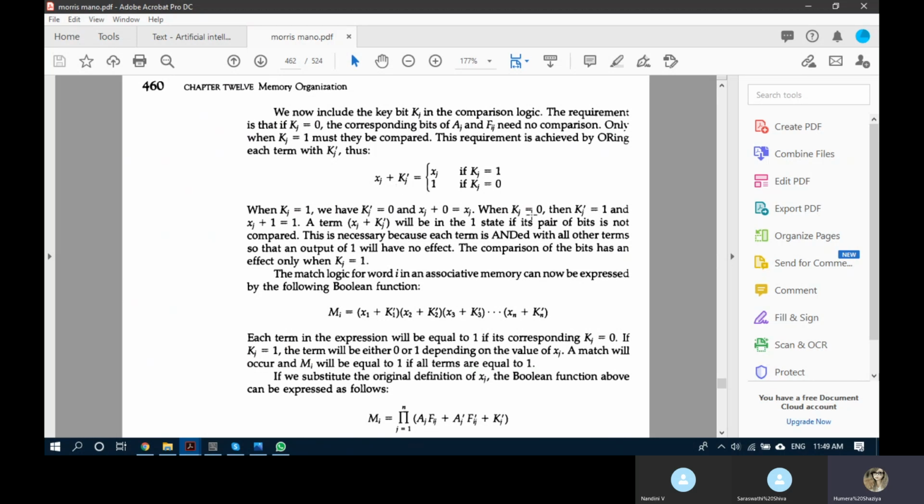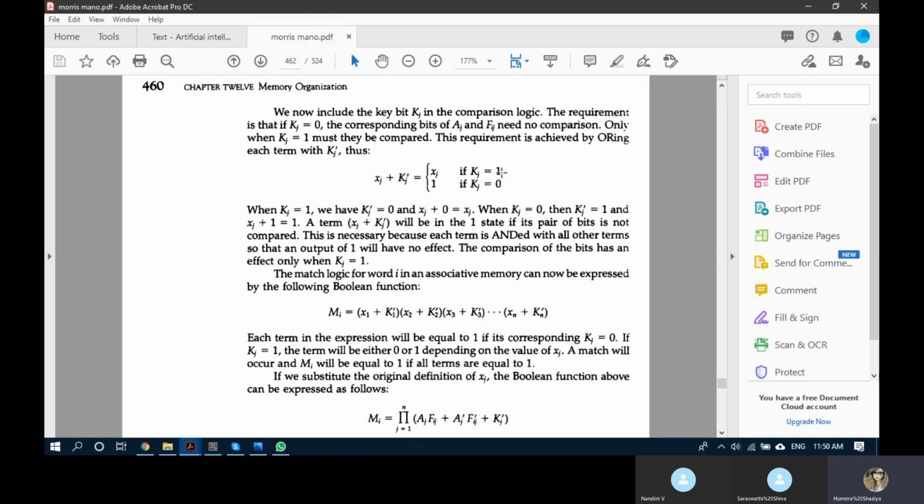When kj is equal to 0, then kj dash is equal to 1 and x plus 1 is equal to 1. Look here, we are getting 1 here because kj is 0. When kj is 0, this literal will give 1 and x plus 1 is equal to 1.